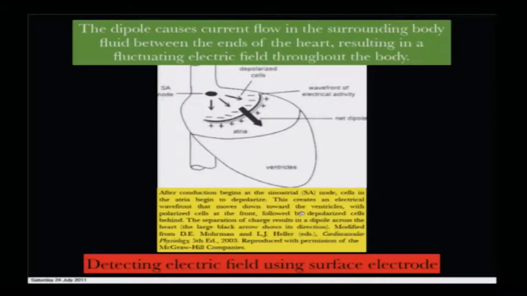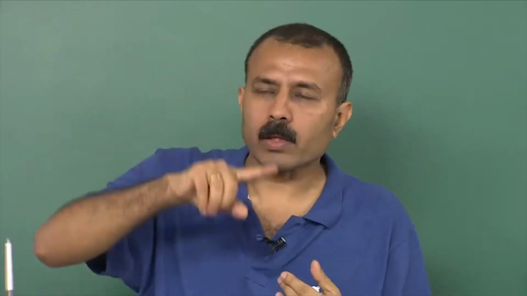So detection of this change in electric field using surface electrodes is essentially what you do in the ECG recording. And the vectorial component of these different dipoles, using a simple mathematical transformation, gives you the ECG waves, where we are talking about P waves, QT interval, QRS complex, and all those things which we will be dealing with now.